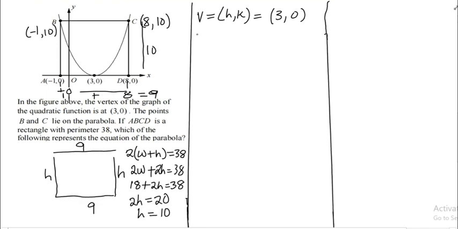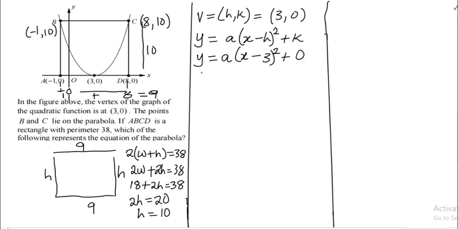So the general form of the equation of a parabola is y equals a times (x minus h) all squared plus k, where h and k are the coordinates of the vertex. So the equation here will now be y equals a times (x minus 3) all squared plus 0.